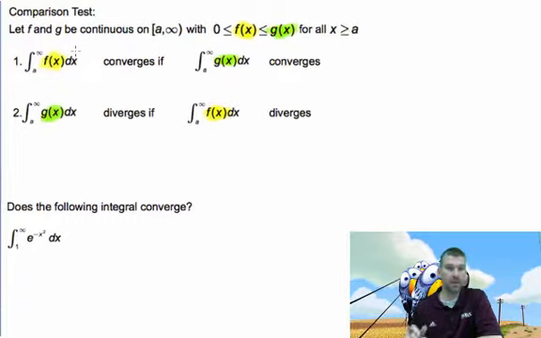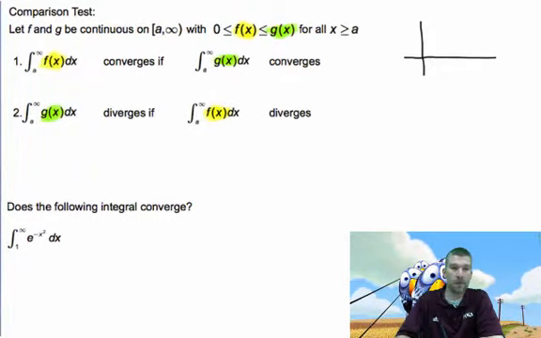And those can be difficult concepts to think about, but think about a graph. If we were to have a graph of a situation where on the convergent part, I drew f of x here, and if I drew g of x here, and I told you that f of x was less than g of x, well, my pink line is going to go wherever that purplish line goes.